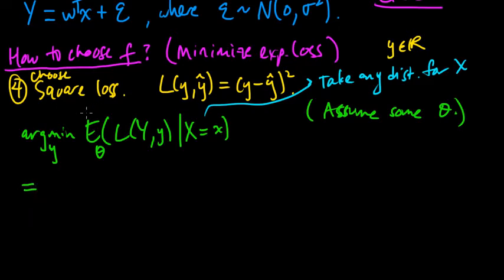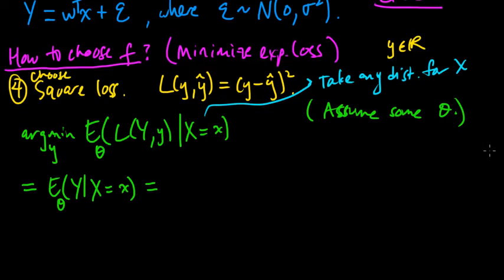When we looked at square loss, we found that you have the beautiful result that there's a unique minimizer of the argmin, and it's equal to just the conditional expectation of y given that x takes this value. You can look at the video on square loss if you're not familiar with that.